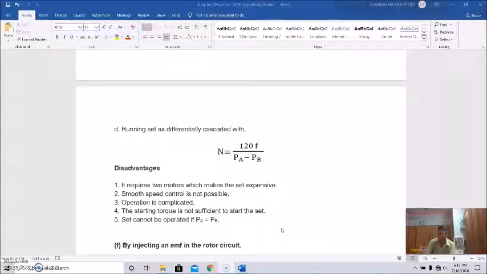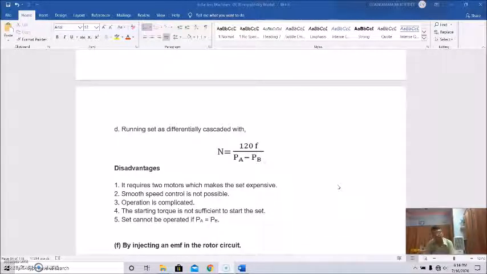So in today's class we have discussed other methods of speed control. In the last class we discussed the consequent pole method, changing the stator poles to change the speed. Today we discussed the multiple stator winding method and the pole amplitude modulation method.